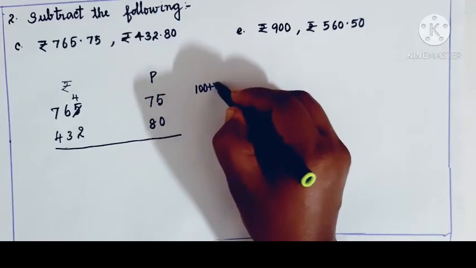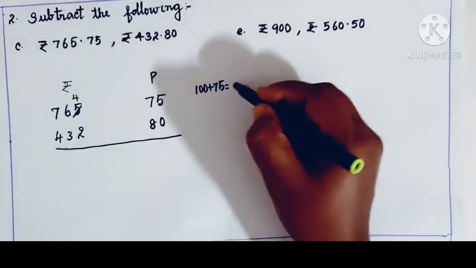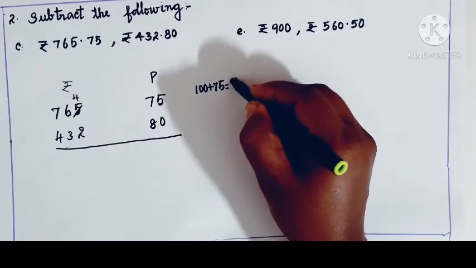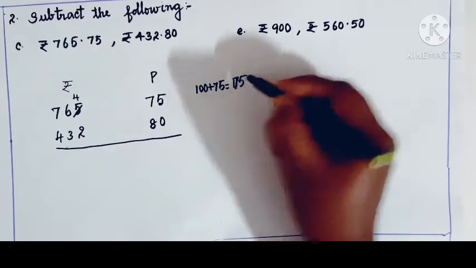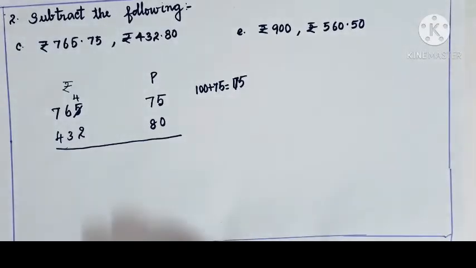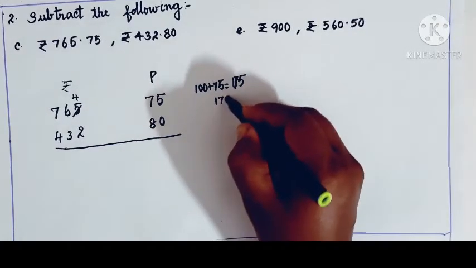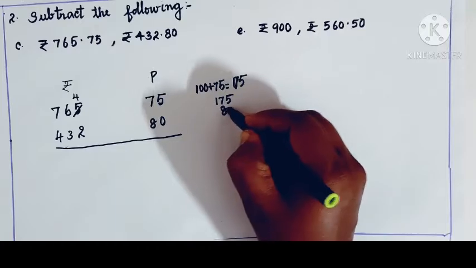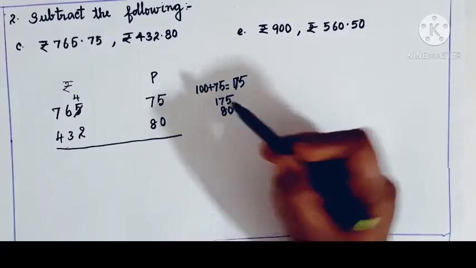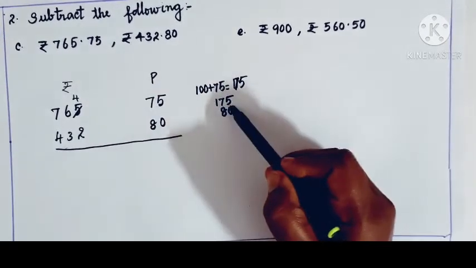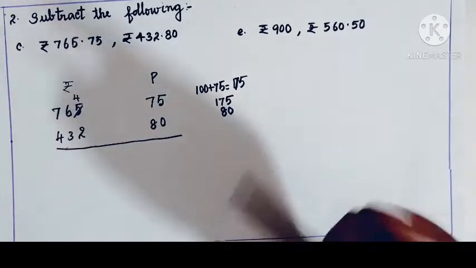100 plus 75 is equal to 175. That 175, you take it, and now you can subtract 80. Now this number has become bigger, isn't it? This was 75, now it is 175. Fine.